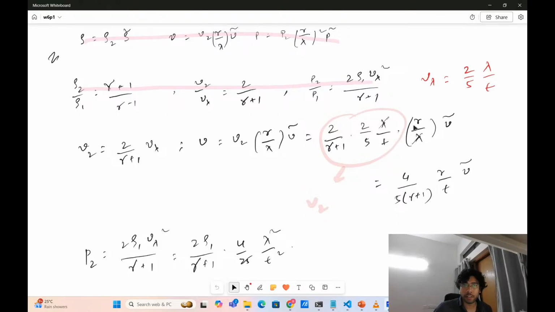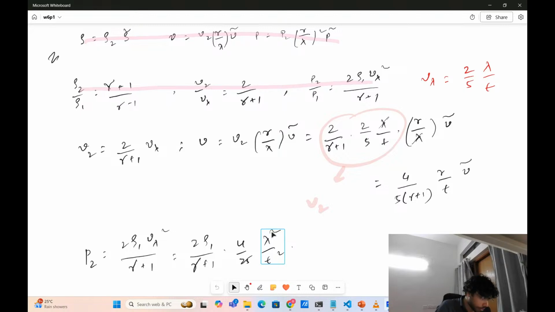Here lambda square cancels, and that's why we took a second power of r by lambda, to make the expression simpler. So this is P2.